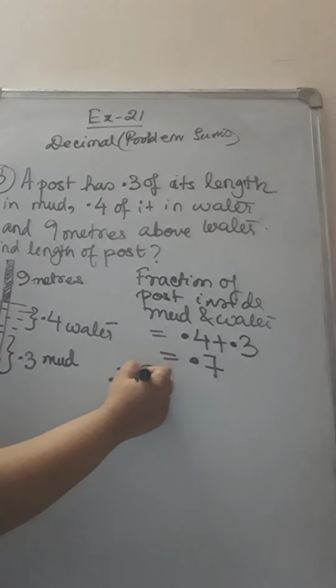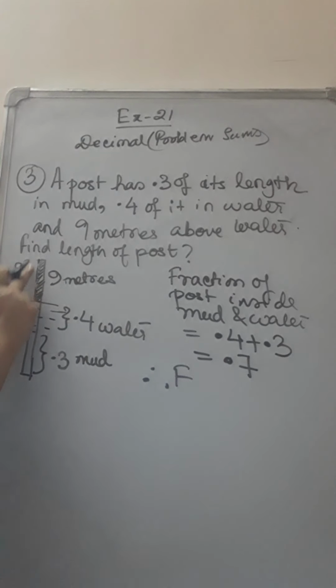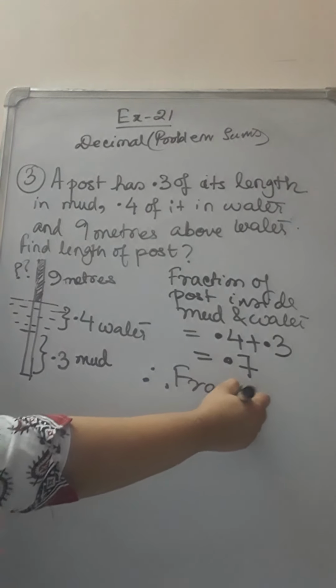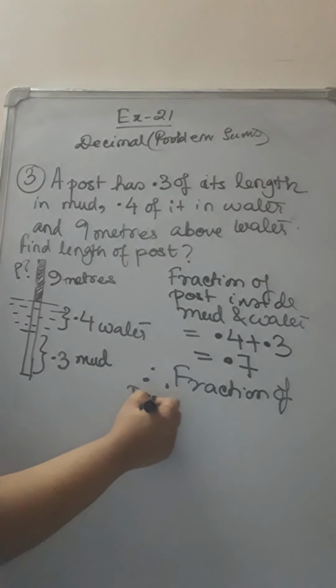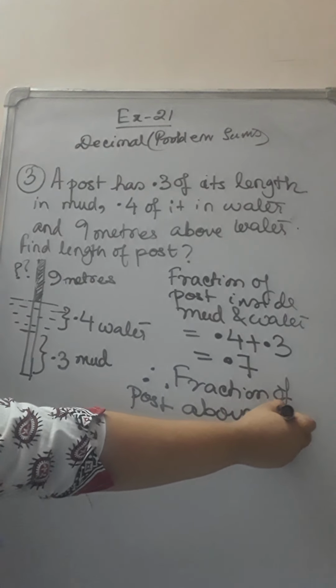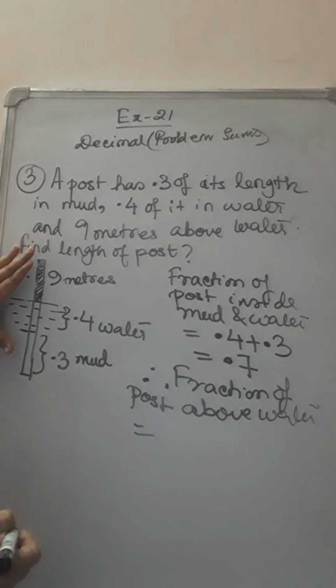Therefore, the fraction of the stick which is outside mud and water, the fraction of post above water. How much is above water? If the fraction total is always 1, how many posts are there? Only 1.